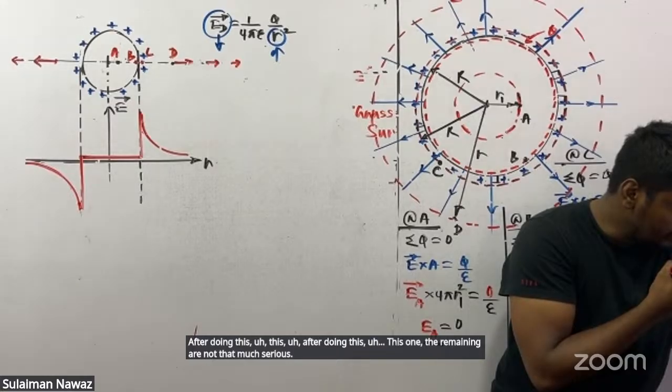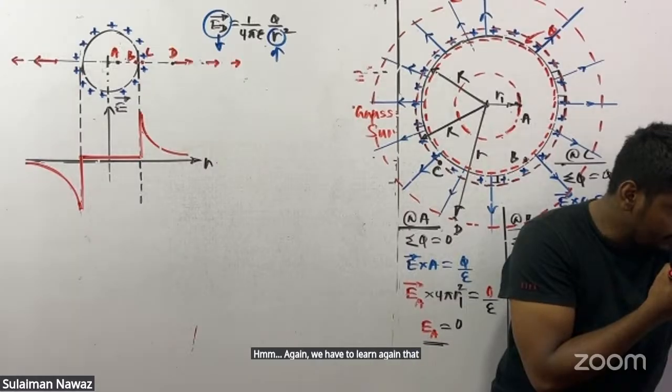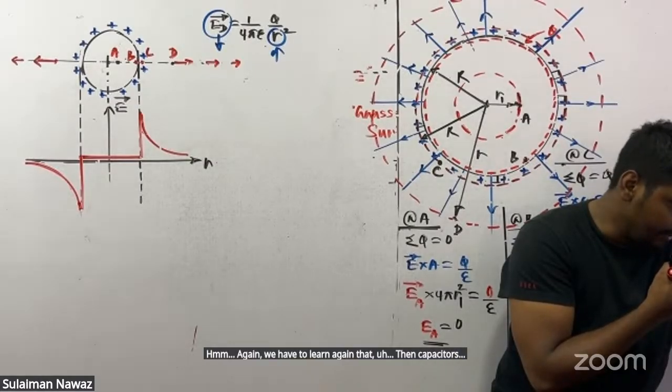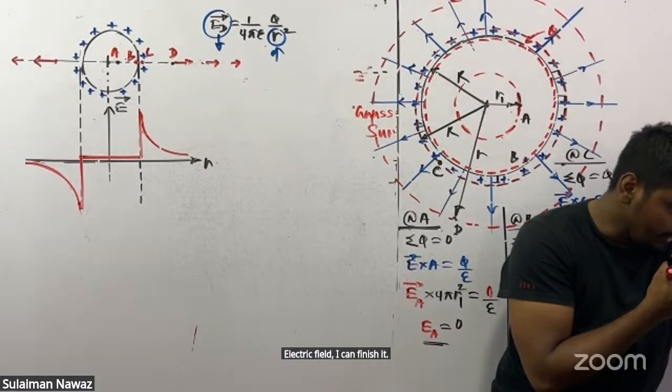Then again we have to learn capacitors. Okay, we can finish. If I do 2 or 3 classes, I can finish electric field. Then I will give priority to tutorial questions and past paper questions in electric field.